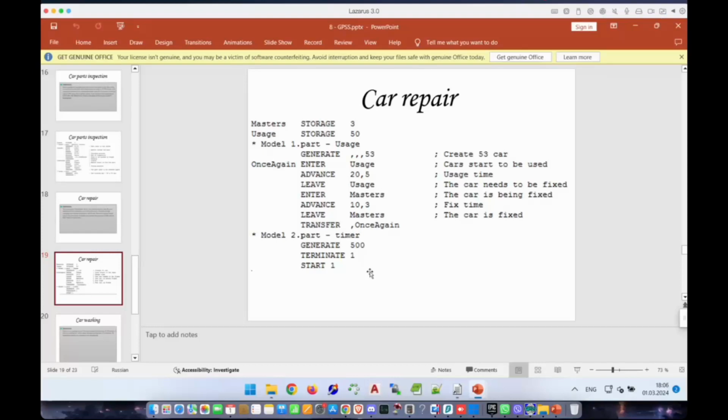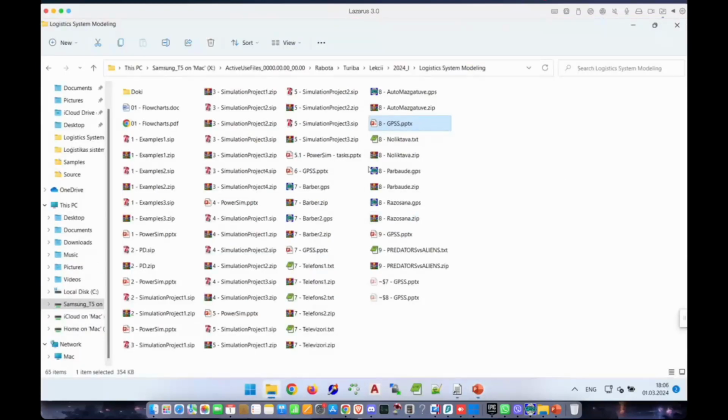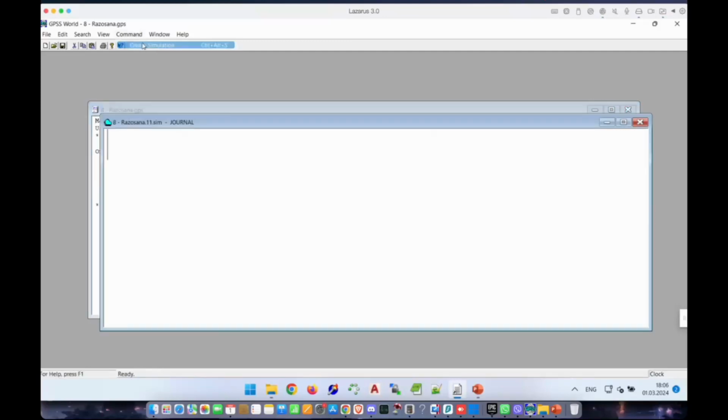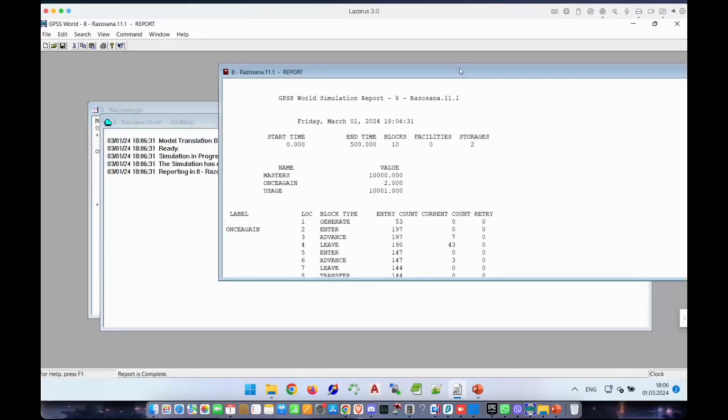By the way, if you like, you can always rewrite these codes into GPSS and it will be 100% working. Or if you like, you can take the file. It was this one, if I'm not mistaken. Yes, we can always run it and see the results.